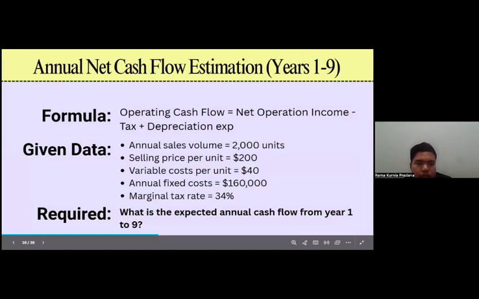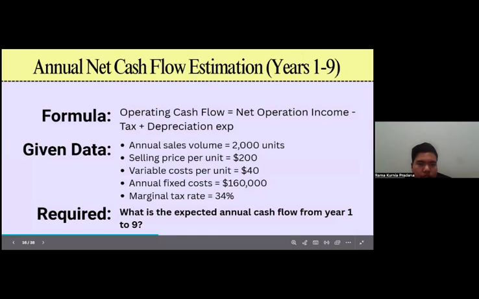Next is to calculate the annual net cash flow estimation for the first 9 years of the project. To do this, we use the formula: operating cash flow equals net operating income minus tax plus depreciation expense.